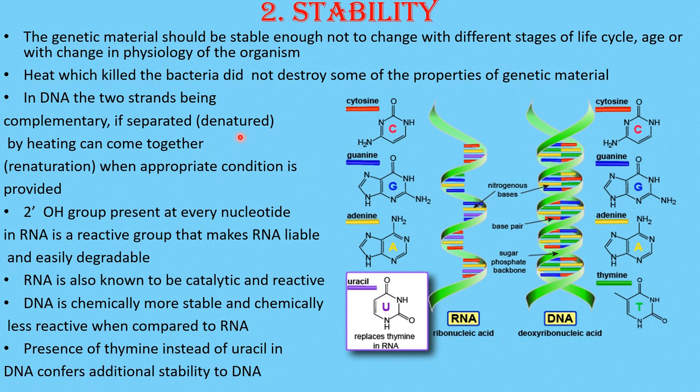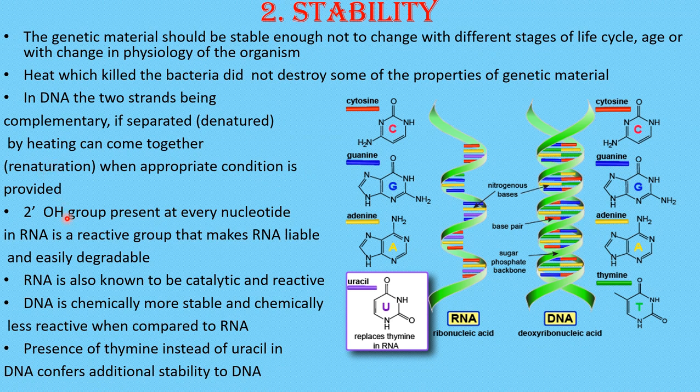So denaturation means separation of the two strands of the DNA by heating, and by cooling or under appropriate conditions, the two separated strands come close together and join to form the double helical DNA again. This is renaturation.